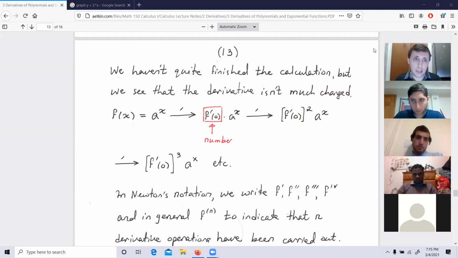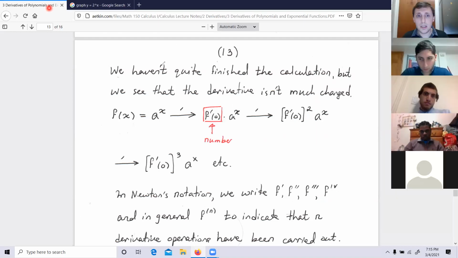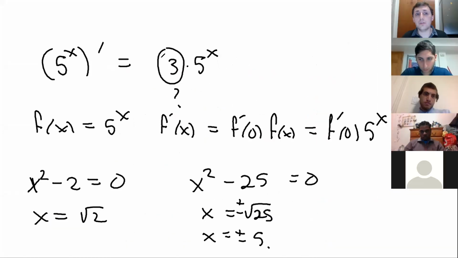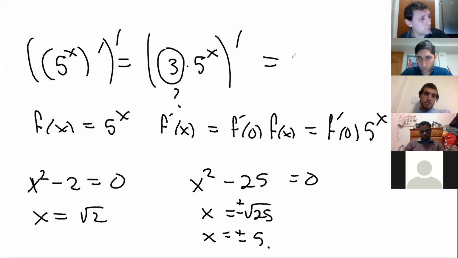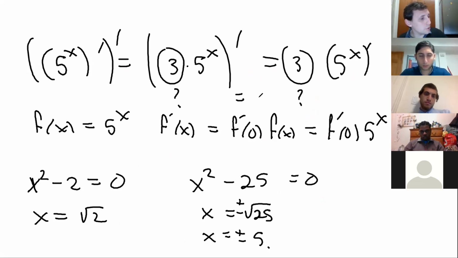So if the derivative of 5 to the x were 3 times 5 to the x, then the derivative of that would produce another 3, giving 3 times 3 times 5 to the x. I put it in a circle because maybe it's not 3. It will produce the extra factor. Are you with me?